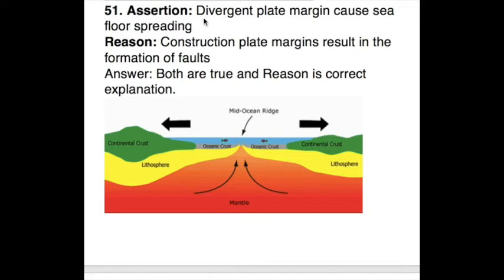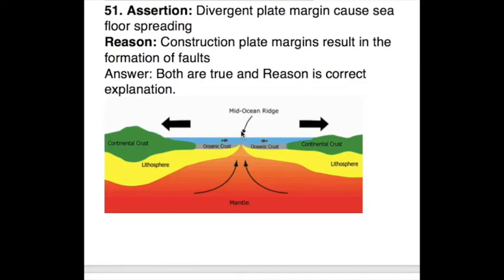Now, understand how divergent plate margin cause seafloor spreading. This is the mid-oceanic ridge. Here volcanic eruption happen, and from this the plate is diverging.